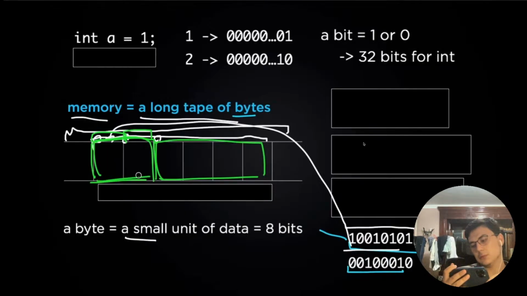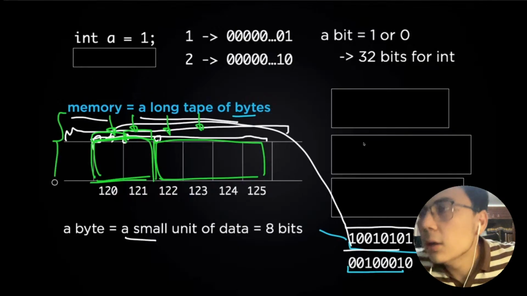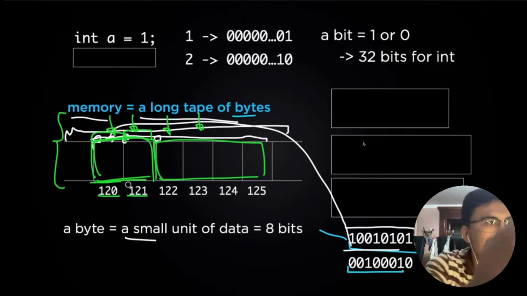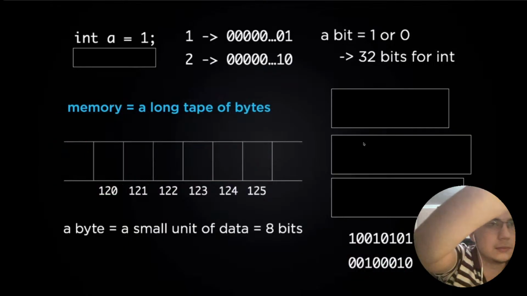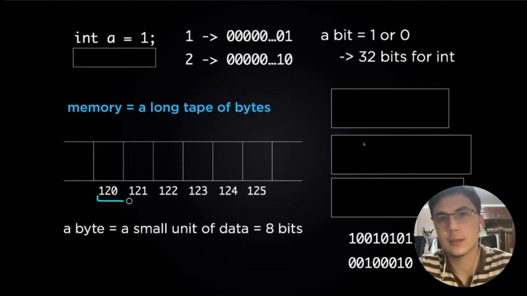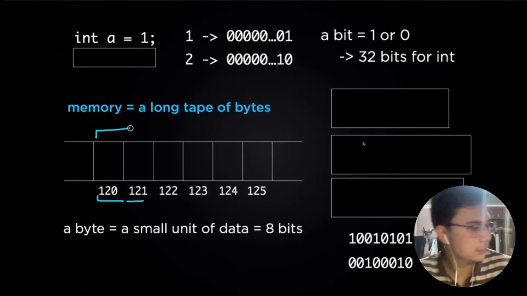And your computer achieves it by assigning an address to each byte, and each of those addresses is represented by a single integer. So in this hypothetical example, we have the address 120 for this byte and 121 for this byte, and so on. At this point, you might say, wait, why do we have these particular numbers, 120, 121, and so on, representing the addresses for these bytes?